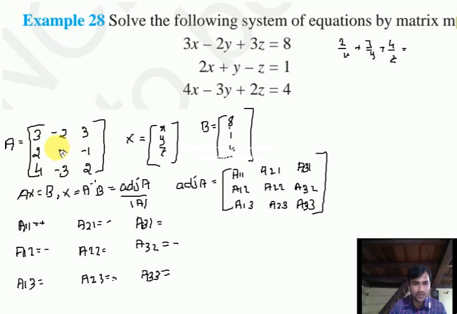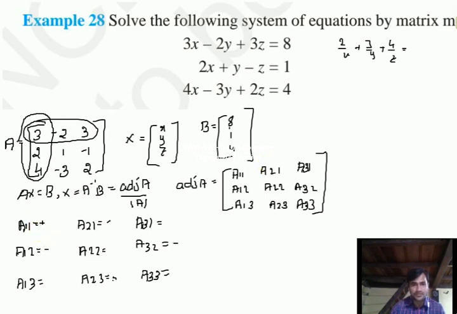Then you have these particular elements. So you need to leave this. In the examination also, if you are not perfect with this, just mark like this in the pencil. Then you have this 1 into 2 minus 3 into minus 1. So 2 minus 3 will be minus 1. This value will be minus 1.